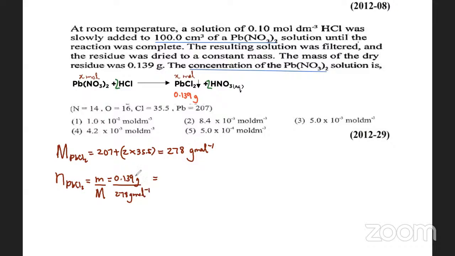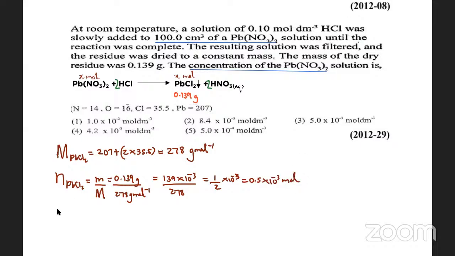On top, I can write it as 139 into 10 to the power minus 3, and at the bottom you have 278. When you divide 139 by 278, it's half. So I can put 0.5 into 10 to the power minus 3. That is the number of moles of lead chloride.